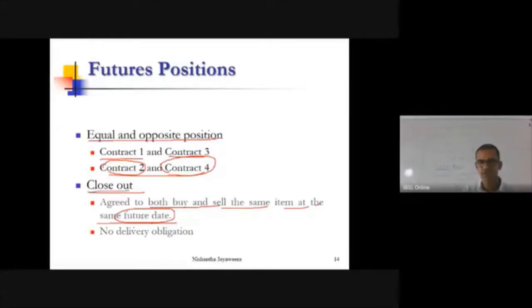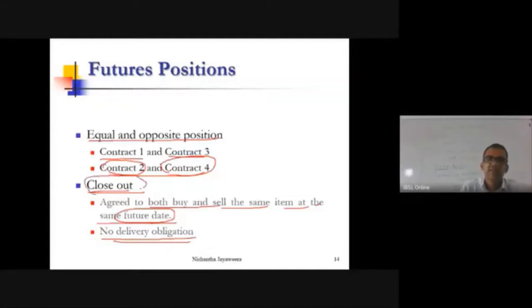Once you close out your position, you don't have any delivery obligation. You don't receive anything, you don't deliver anything. Basically, you don't have any exposure to the exchange or any broker, any counterparty. You book your profit or loss and walk away.